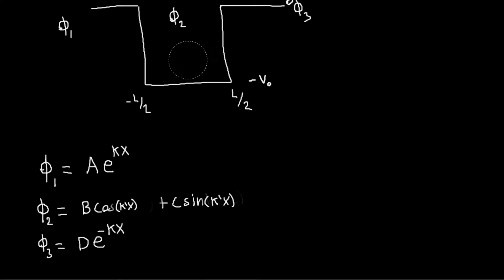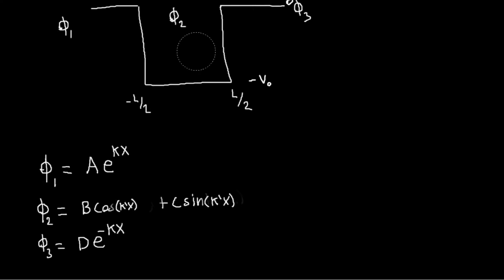It tells you how likely the particle is to be at a certain point. And if the potential is symmetric, then the particle should be just as likely to be on one side of the well as on the other.